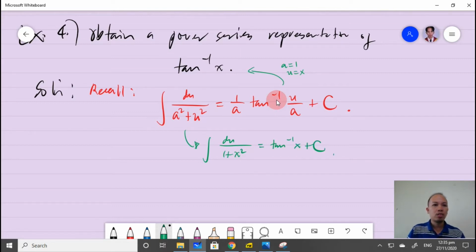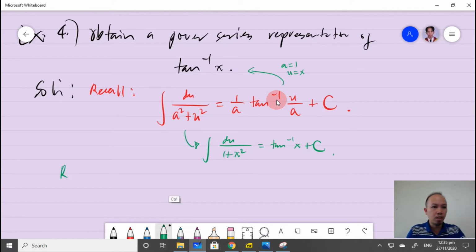We will use this idea to get the power series representation of tangent inverse x. And recall that in the geometric series we have this expression before.